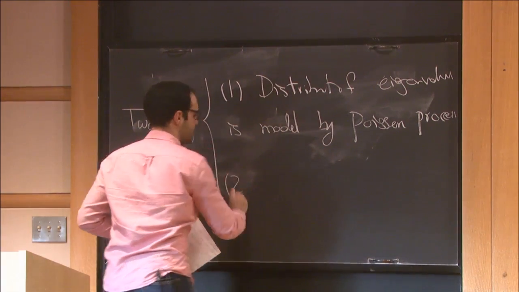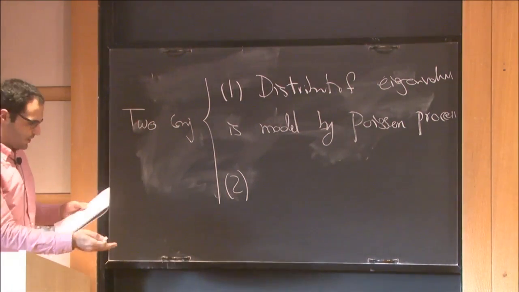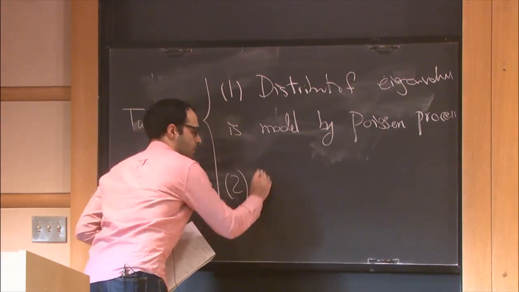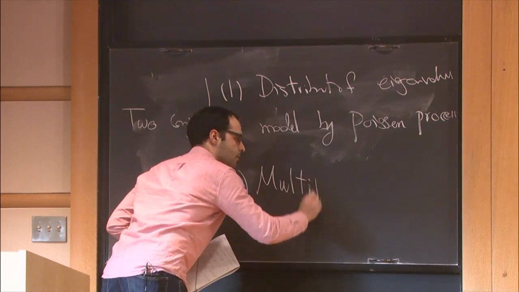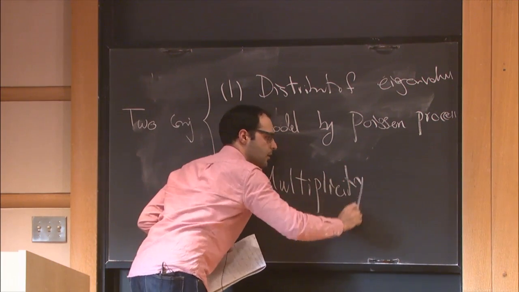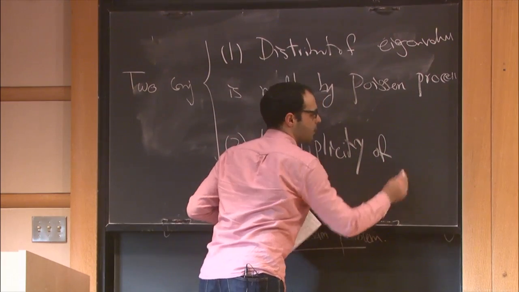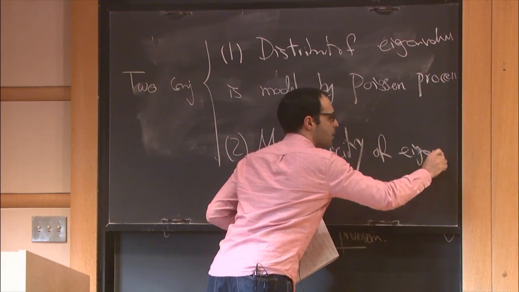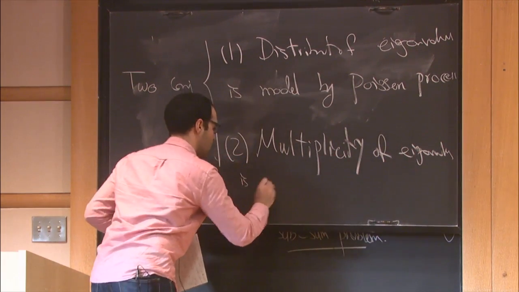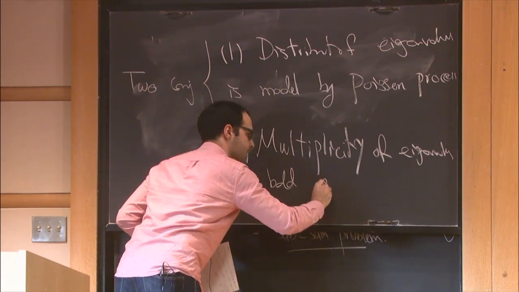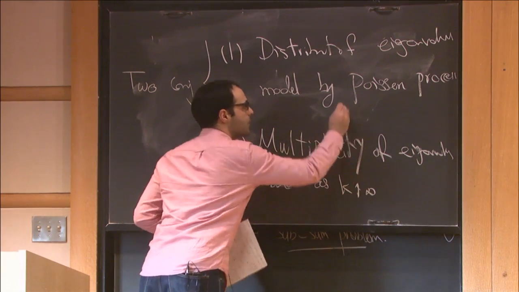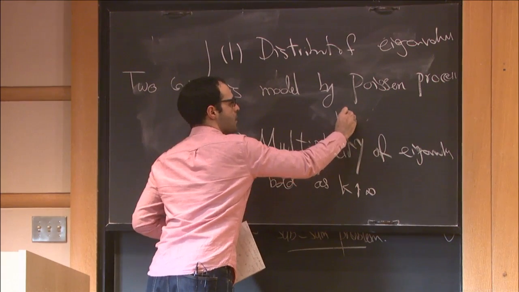And the second one is that the multiplicity remains bounded as k goes to infinity.